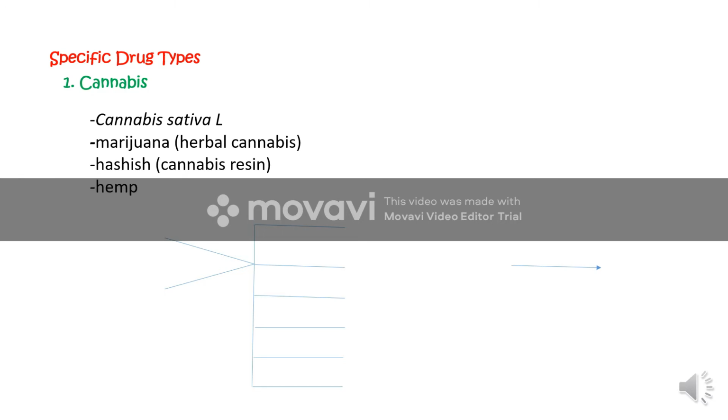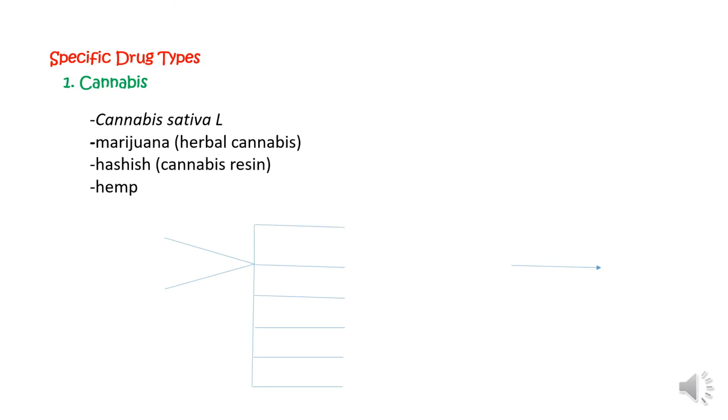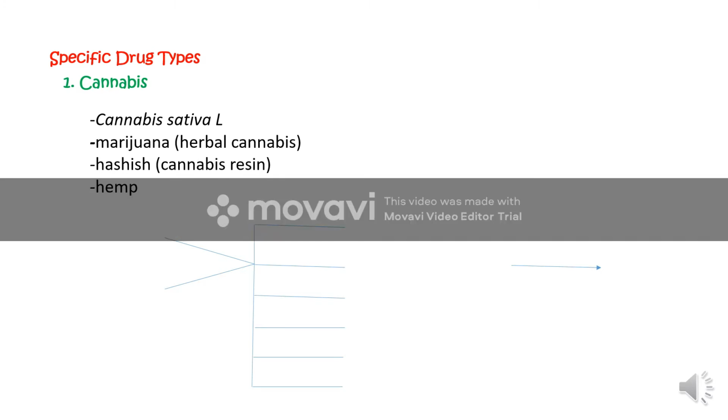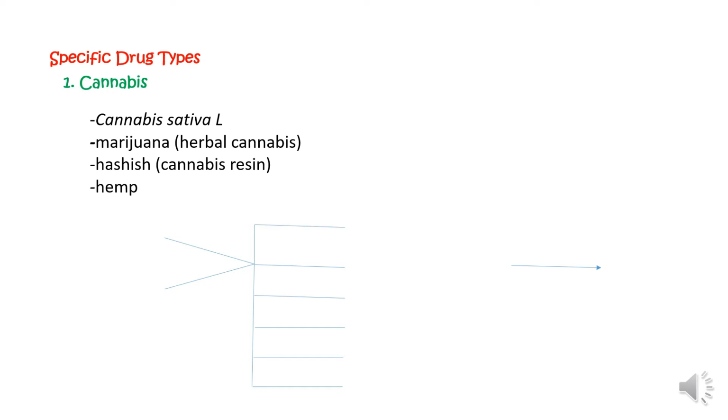According to the United Nations Office of Drugs and Crime 2014, cannabis is the most consumed illicit drug in the world and therefore the subject of most illegal trafficking in one form or another. The botanical name of cannabis is Cannabis sativa. For illicit or illegal use, cannabis is referred to as marijuana or the herbal cannabis and hashish or the cannabis resin.